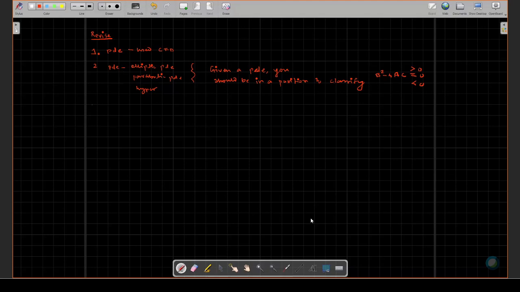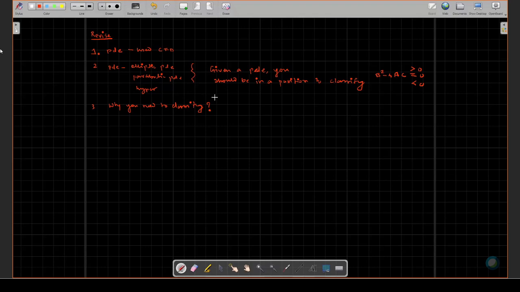This classification has certain characteristics, so you should know why you need to classify. In case of CFD, this classification has a significance.